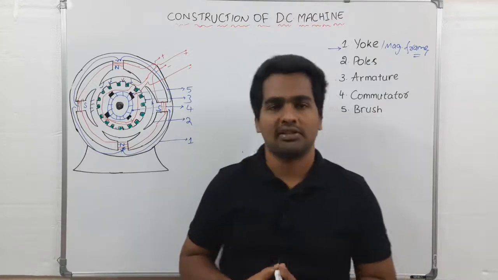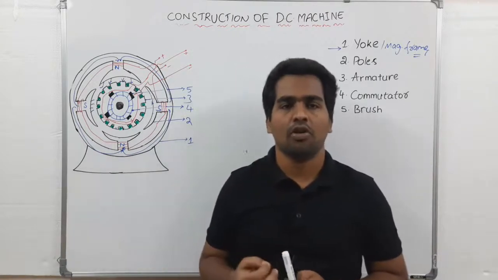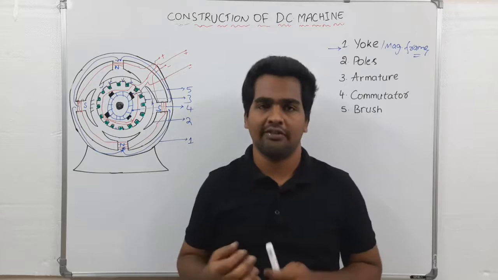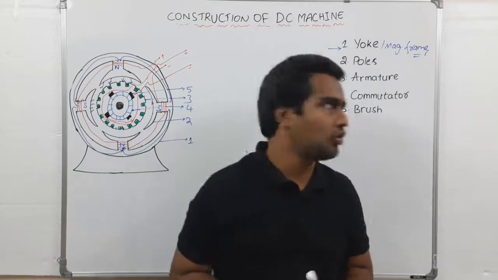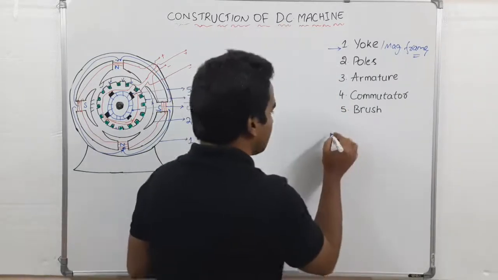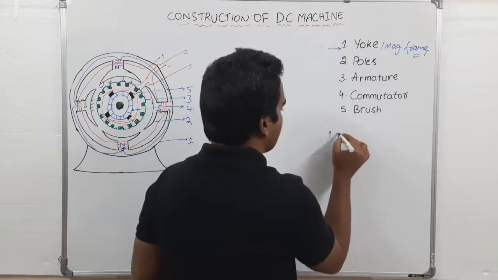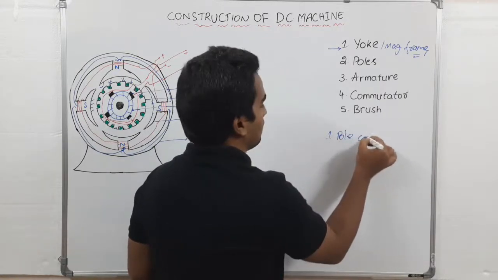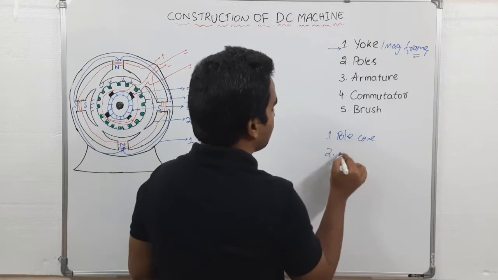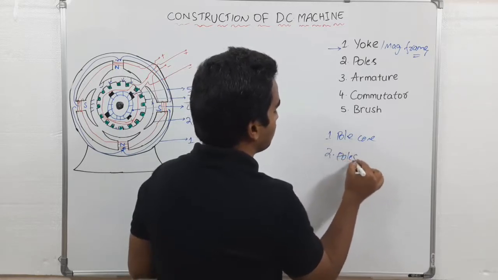Okay. Next, poles. Poles give accommodation to the field winding. There are two parts of poles. One is pole core and the second one is pole shoe.